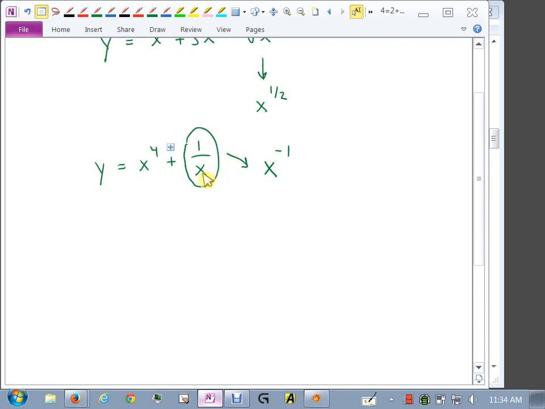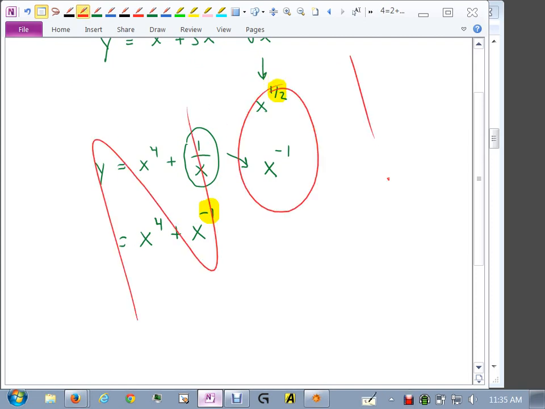I'm taking the x that's down here, I'm pushing it up to the numerator, which means I have to change the power on it to a -1. But I can't have a negative, right? So this is the same as x to the 4th plus x to the -1. This is not good. This one up here was not good. These are not polynomials. All right.